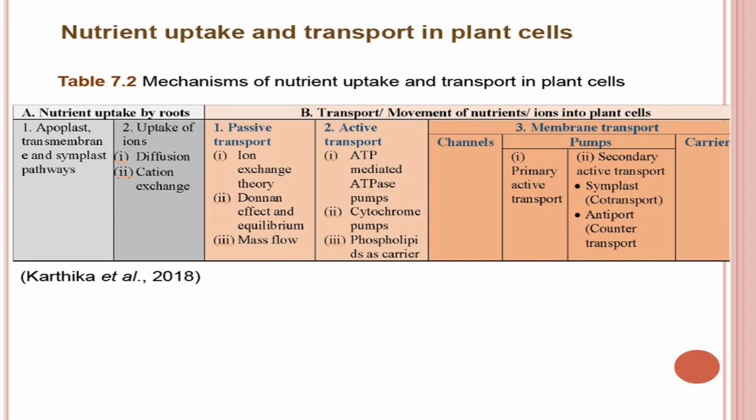And this secondary active transport is further divided into symport, uniport or antiport. Antiport is called counter transport. So I hope that you are clear about this kind of classification, so that the rest of the part will become much easier for you to understand.